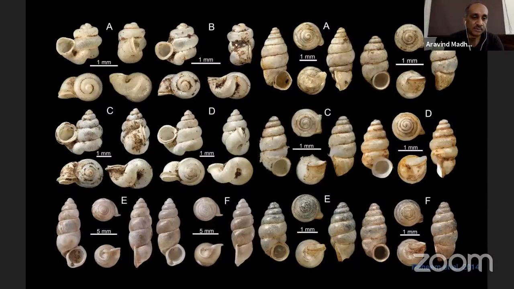They are maximum around 5-6 millimeter, and some are as small as 1.5 millimeter, and they're mostly found in the soil. They are really tough to identify. Nearly 40% of the Western Ghats land snail fauna is constituted by these small micro snails.